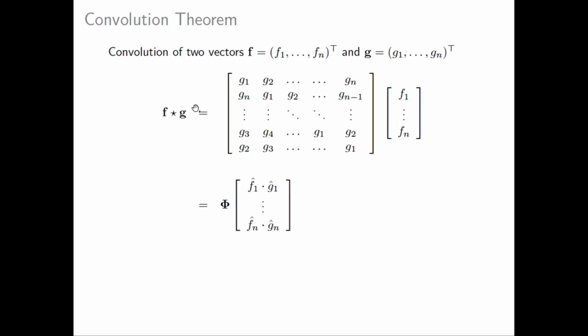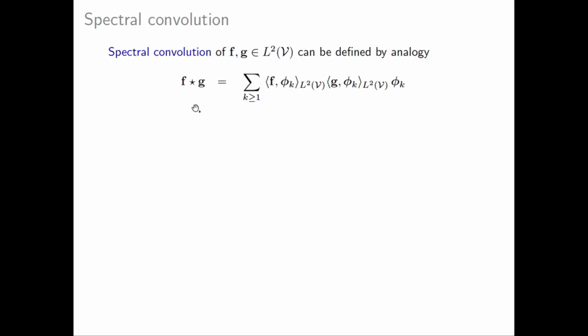And so again, we verify that this is equivalent to writing the convolution as an operation that is diagonal in the Fourier domain. Similarly as before, we can take this analogy, this convolution theorem, as a roadmap, as a guide to think about convolutions in a more general domain.